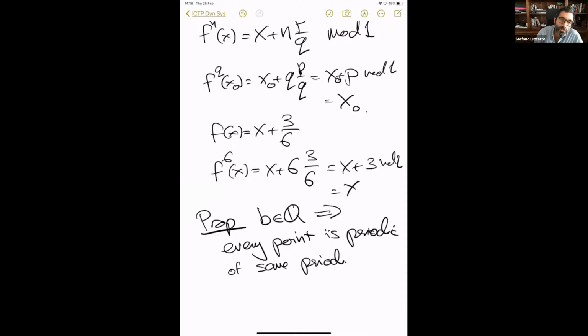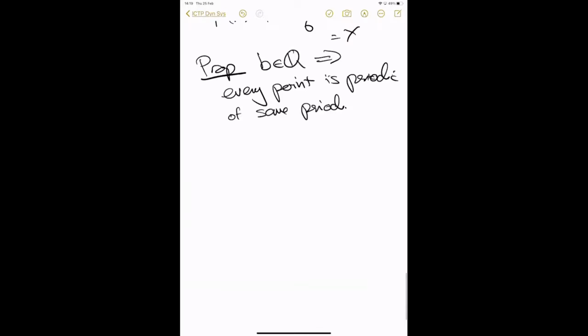Okay, so what if beta is irrational? Then all orbits are dense. And Mokshim, I really appreciate your contribution, but can you explain how you would argue it?